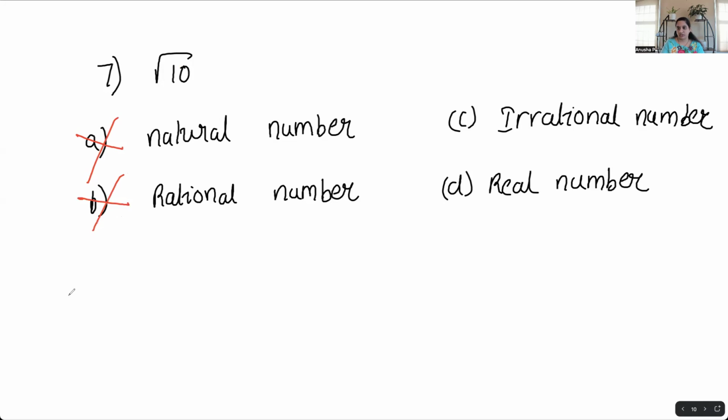Is it an irrational number? Yes, irrational numbers are pi, square root of 2, square root of 3, square root of 5, 7. It is not a perfect square root, so it is an irrational number. And any number can be considered as a real number. Okay, so option C and D are correct.